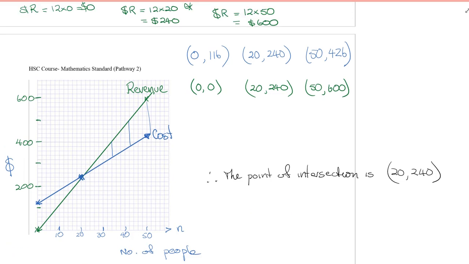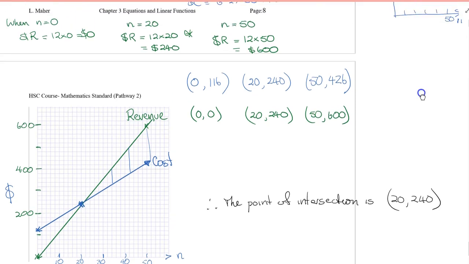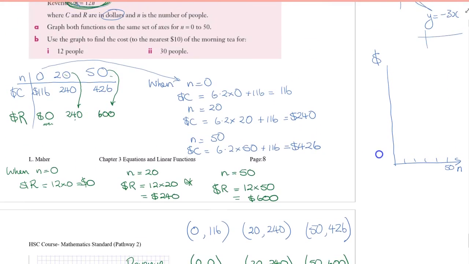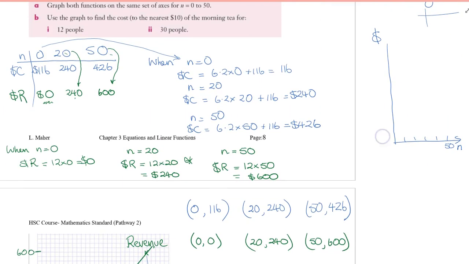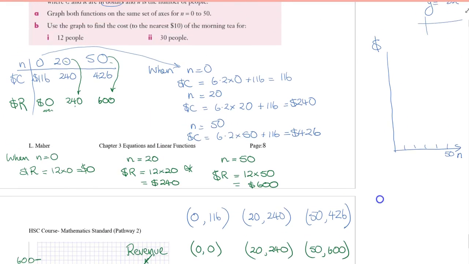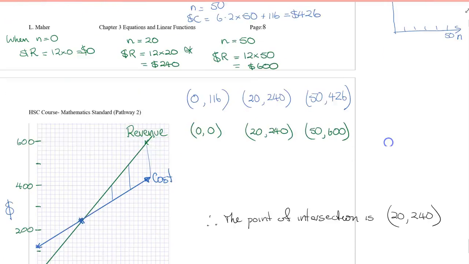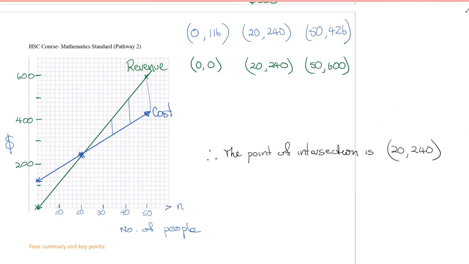And the other part of the question asks you to use the graph. And anytime you're asked to use the graph, then you must put markings on the graph, which you'll see me do in a moment. Just checking for the cost. So we're going to the blue line for 12 and then 30. So for 12 people, we're coming up here at 12 until we get to the cost.